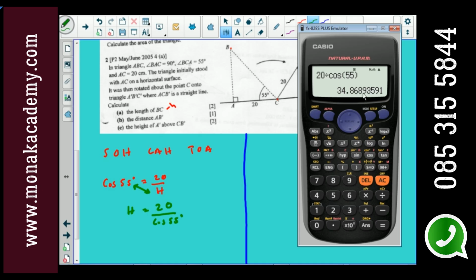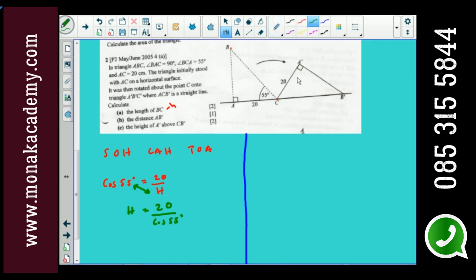So making the 8 a 9. So don't confuse the two: significant figures and decimal places. So our final answer is 34.9 centimeters. Therefore, BC is 34.9. Now, of course, we don't know whether it's centimeters or what. We just say 34.9.